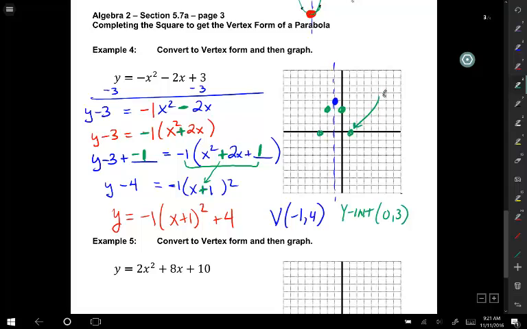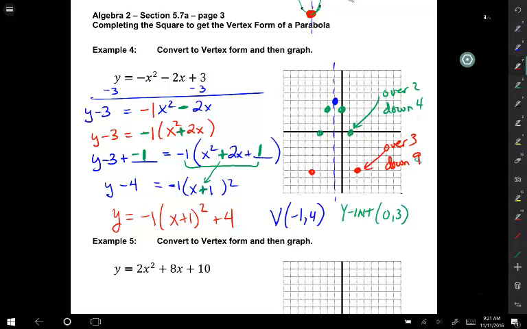What's my next point? Over 3, down 9. And I can't go down 16 because it's off the graph. So let's sketch.